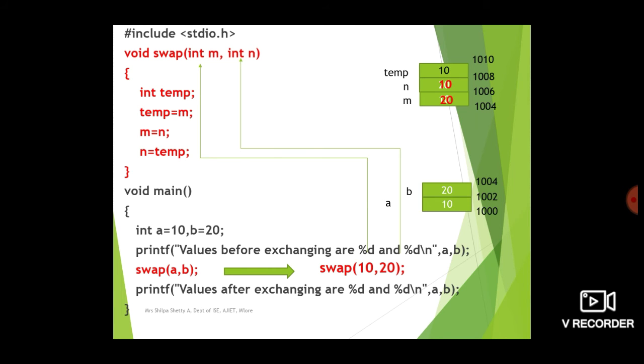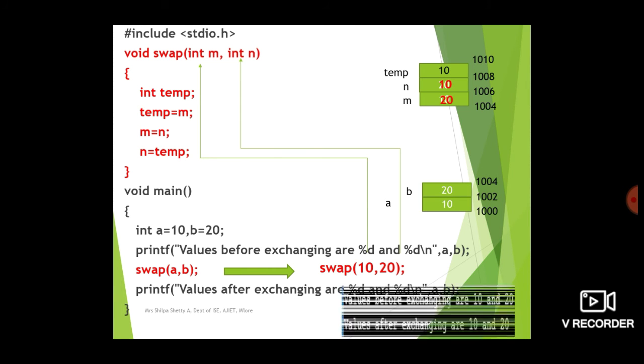Once the function finishes execution, the control will come back to the main function. Values after exchanging: if you see the output, values before exchanging are 10 and 20, and values after exchanging are also 10 and 20. This is because whatever values we have passed as a and b, nothing has happened to those values.